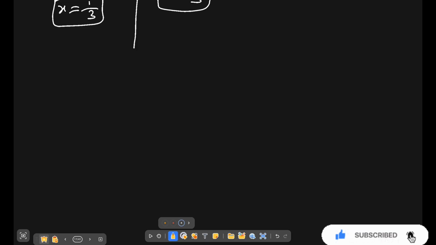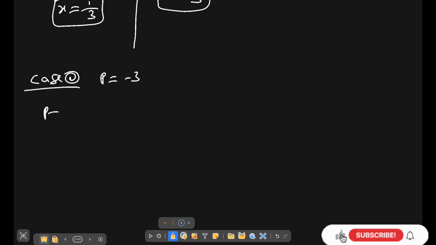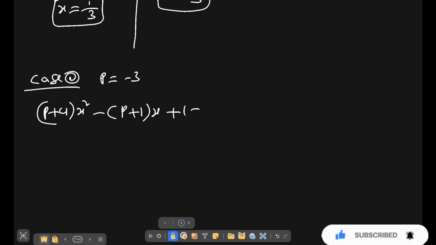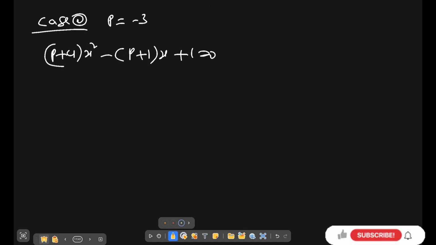So case 2. If p is minus 3, what is the equation we have? p plus 4 x square minus of p plus 1 x plus 1 equals to 0. So let's substitute p value minus 3 here.